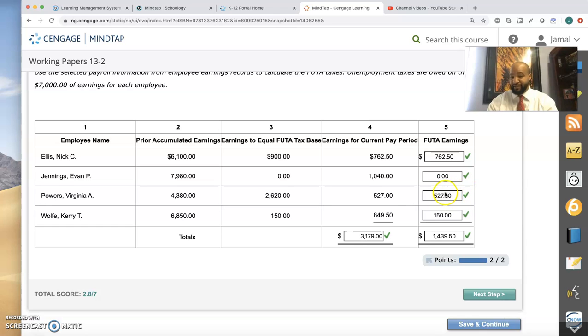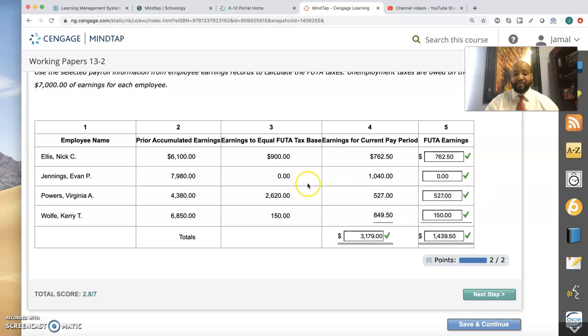So that's how much they're going to be taxed on. And again, Carrie Wolf only made $849 under that pay period, but only $150 of that is taxable for Federal Unemployment Tax Act. So we take the amounts that are actually taxable, we total them up. This is what the unemployment tax we have to pay as a business for our employees.